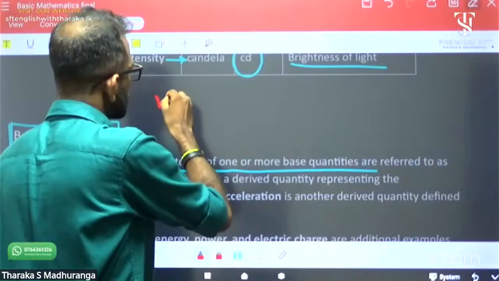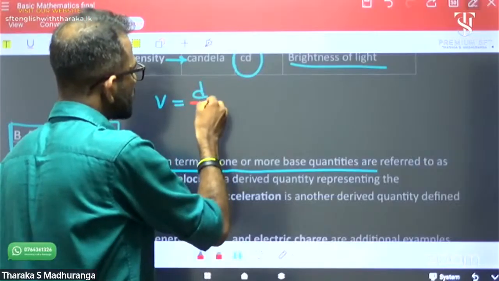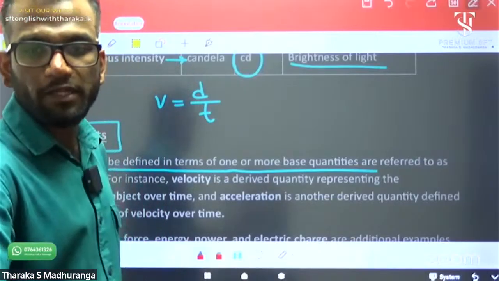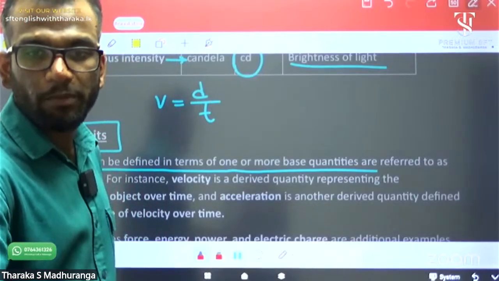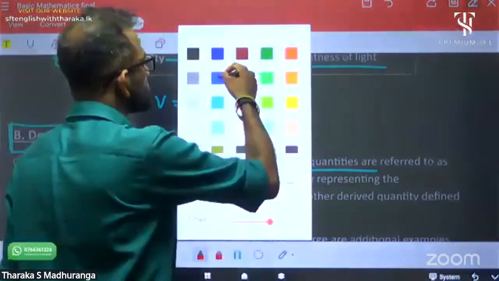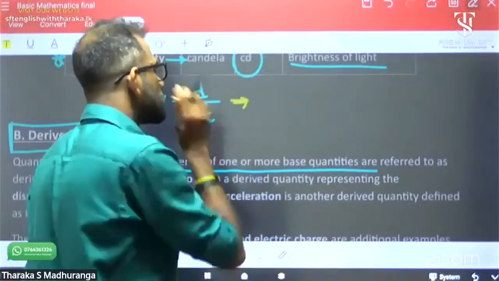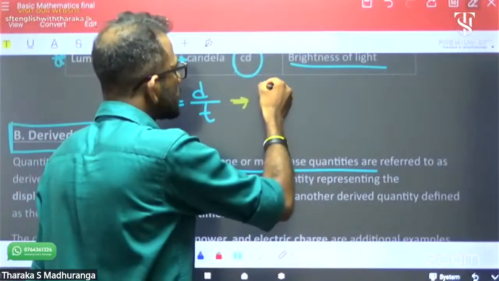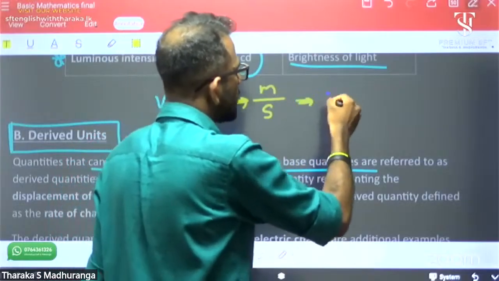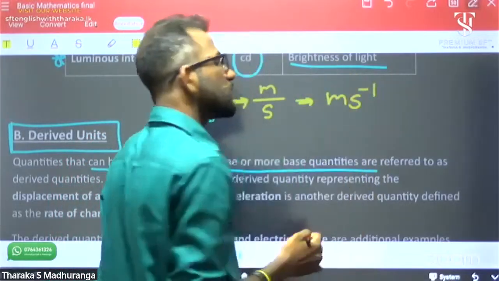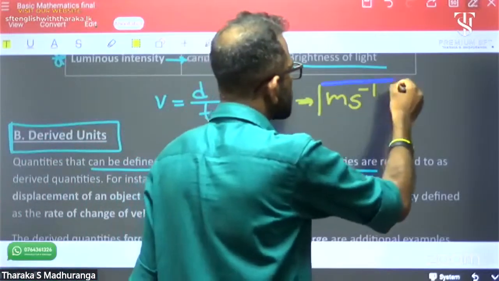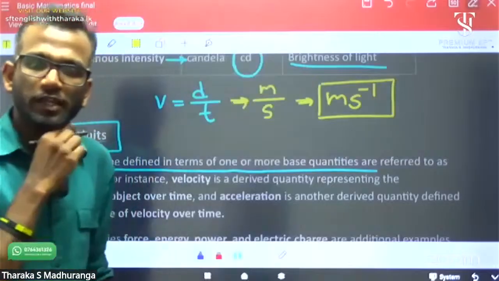Velocity equals displacement over time. The displacement within unit time. Very good, Oshad. The displacement within unit time means meters divided by seconds. Meters divided by second, m s^-1, is the standard unit.